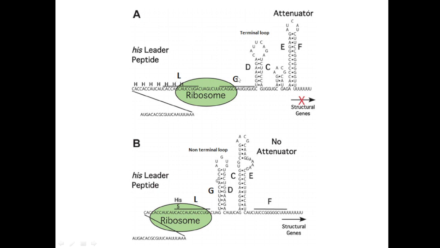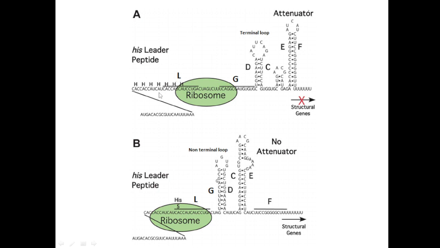Terminal loop is a place for dissociation of ribosome independently of sequence. And if D will interact with G, in this case it will be a non-terminal loop.